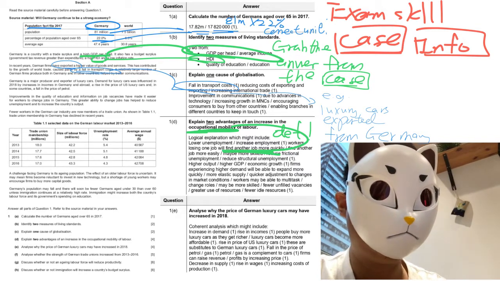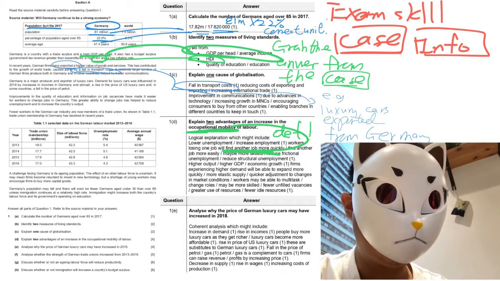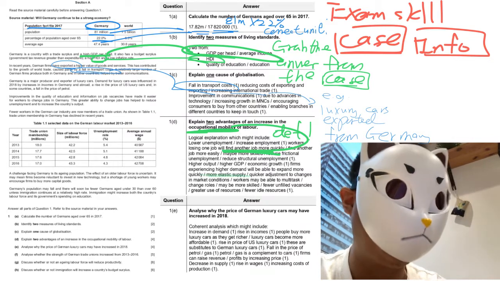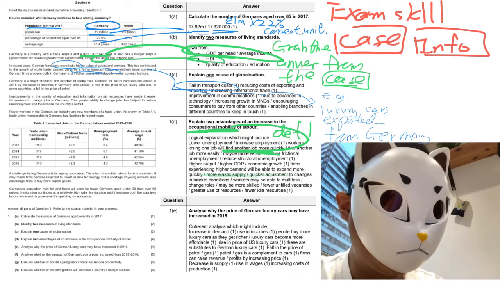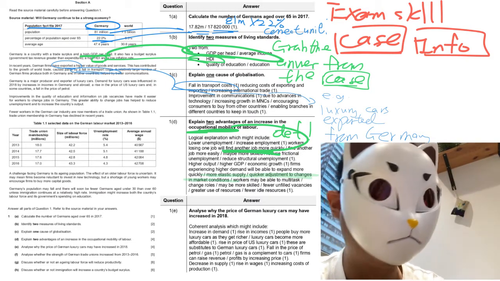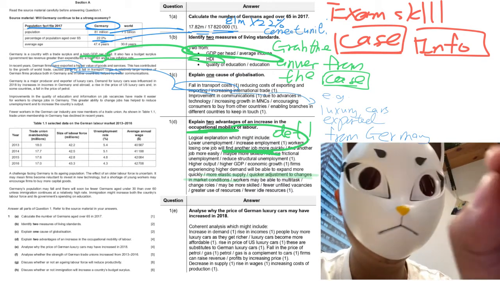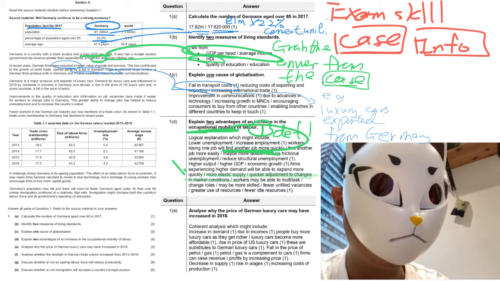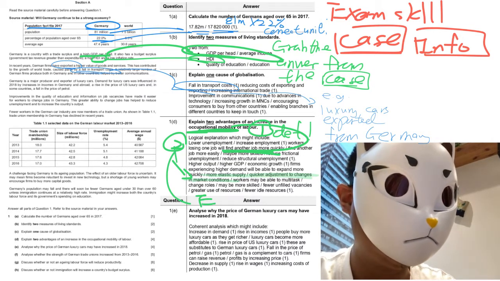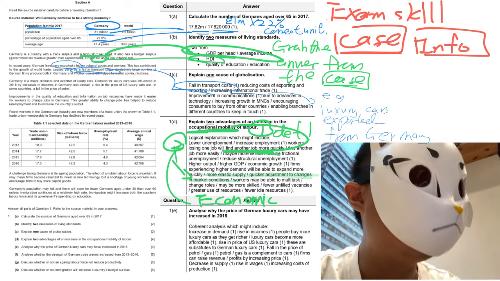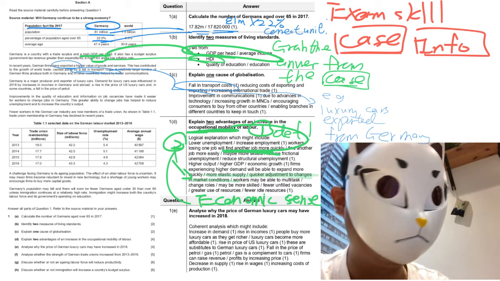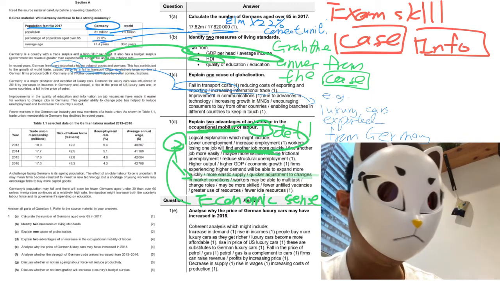In economic sense, that means the elastic supply of workers, with quick adjustment to changes in market conditions. So number 1, we give the definition. Number 2, we have to make it in economic sense, which refers to the elasticity of supply of labor.